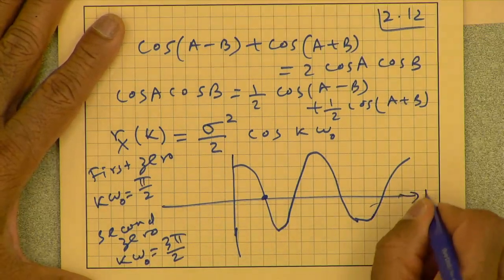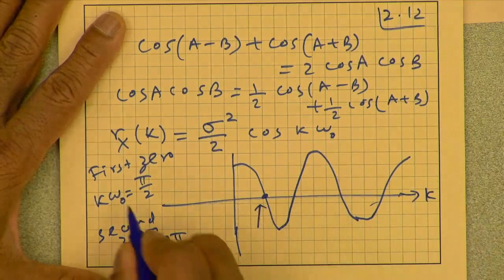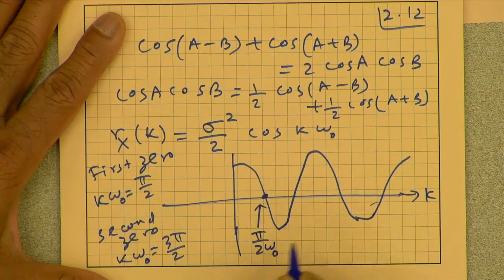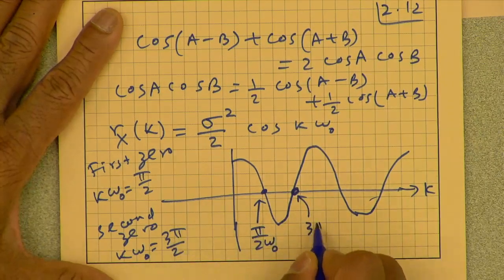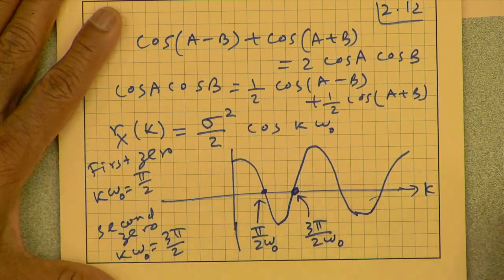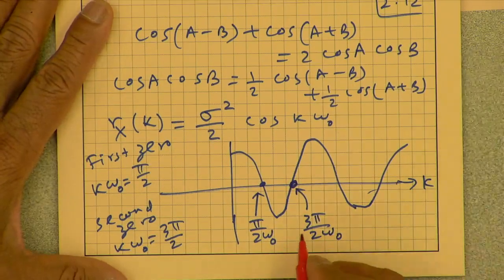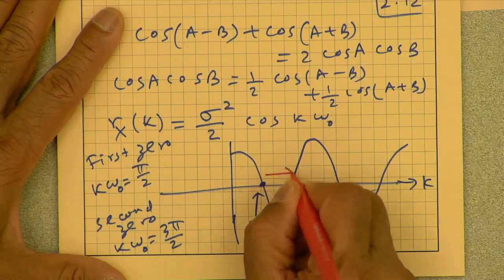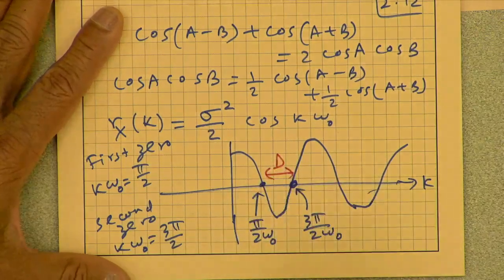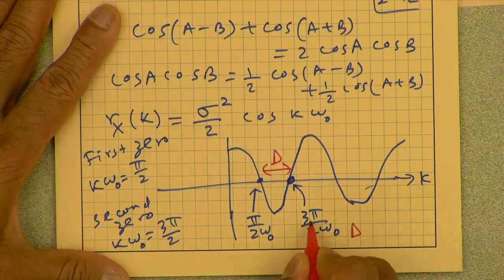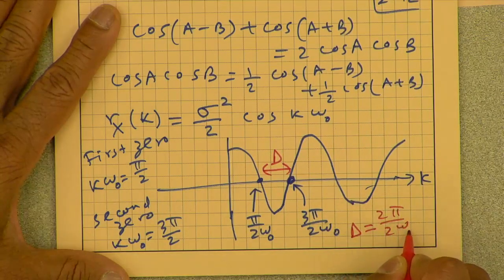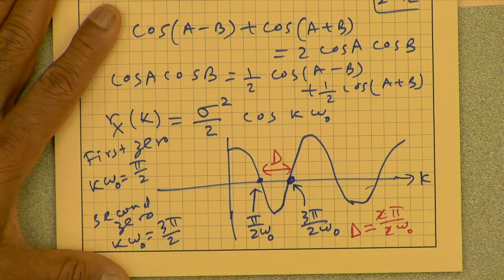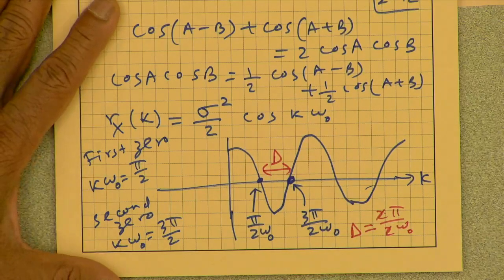So the lag k is going to be pi by 2 omega naught for the first, and 3 pi by 2 omega naught for the second. If I take the difference between these two zero crossings, that difference delta is 3 pi minus pi, which is 2 pi by 2 omega naught, which is pi by omega naught.